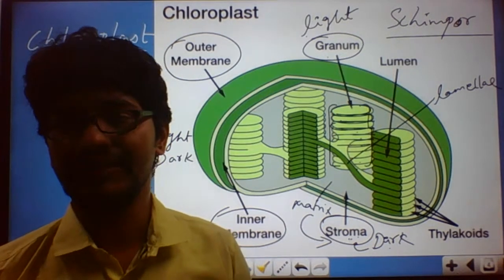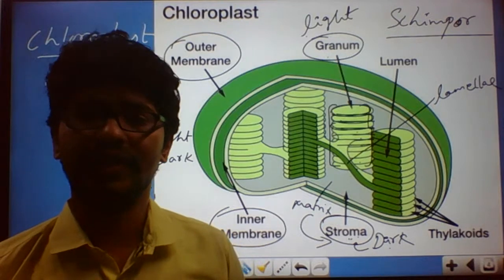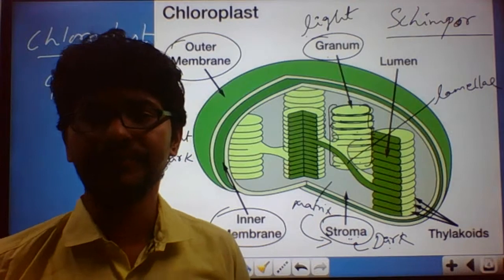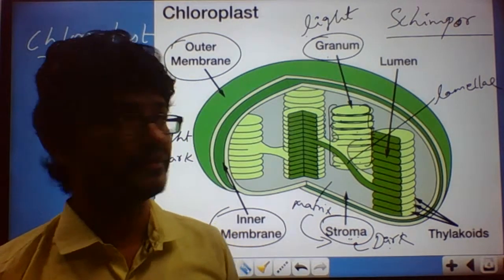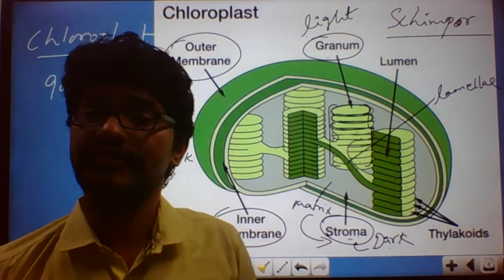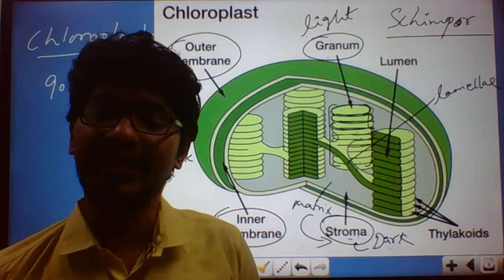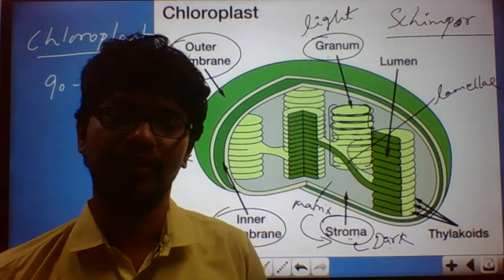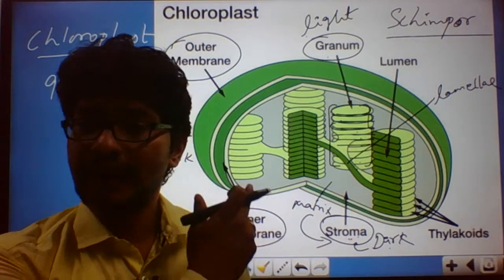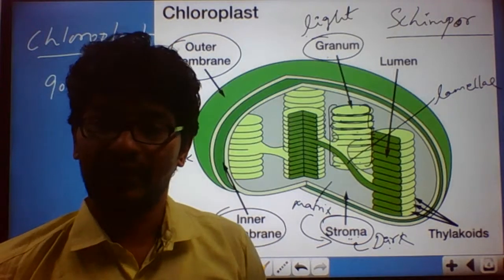Between the chloroplast and the mitochondria, of course, as cell organelles, the mitochondria is actually giving power, ATP. When the chloroplast, a plastid, carries out photosynthesis, it definitely requires ATP. So who produces the ATP? Mitochondria. So definitely there will be a signal mechanism between your chloroplast and the mitochondria.